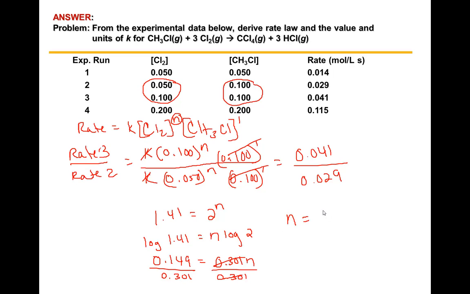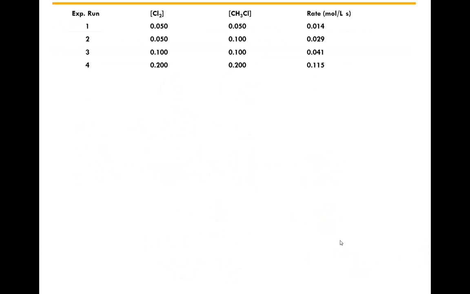Remember before I said that the exponents can be fractions. So that means at this point we have rate is equal to K [Cl2] to the 1/2 [CH3Cl] to the 1. Now we need to determine what the K is. So we can just pick any random experiment. I'm going to just simply take the first one. Let's rewrite our rate equation.